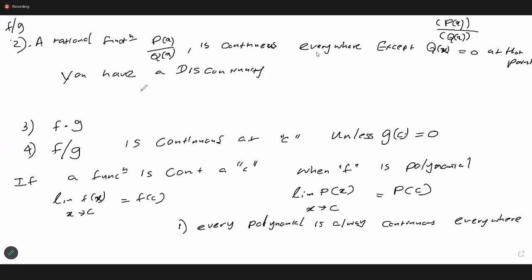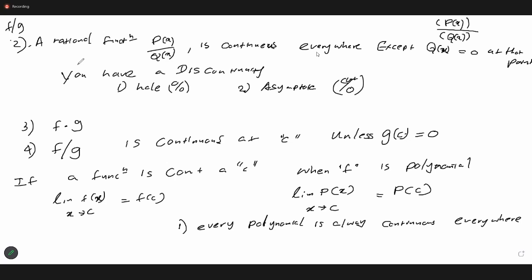Sometimes you have a hole, because qx and px both of them may be going to 0 at that point, or you may have an asymptote, which means a constant divided by 0 situation. When you just plug in the value and you have a constant divided by 0 situation, that is an asymptote. So these two situations may happen when you check a rational function.